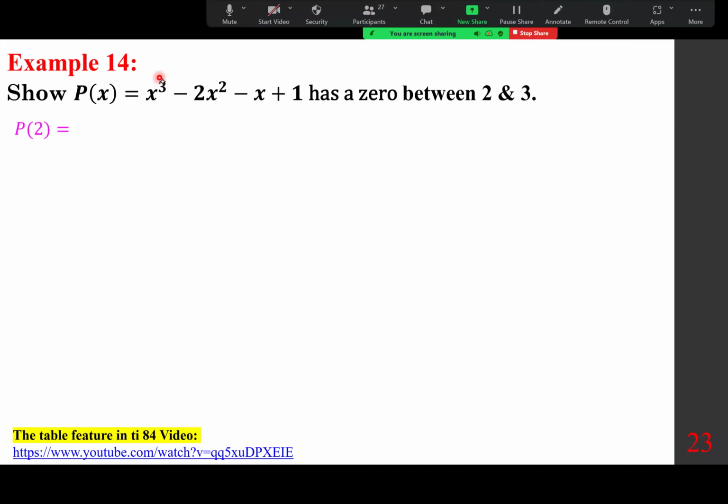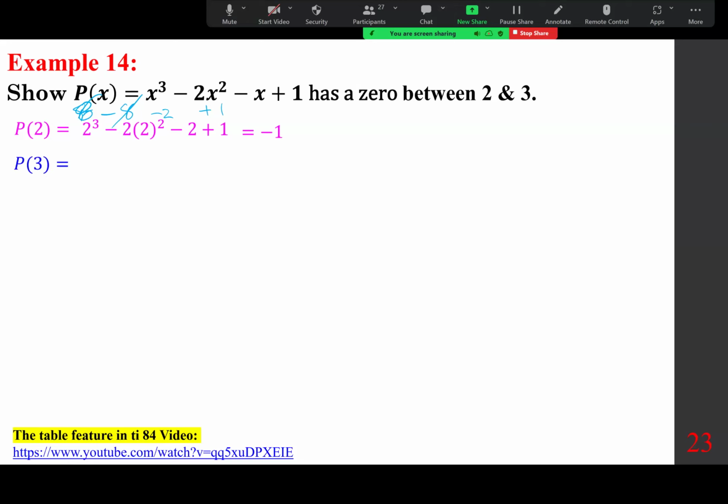That means 2 cubed minus 2 times 2 squared minus 2 plus 1, and we have 8 minus, I hope you realize 2 squared is 4 times 2 is 8, minus 2 plus 1, it's negative 1. Remember, it's not important that it's negative 1. What matters is that it's negative.